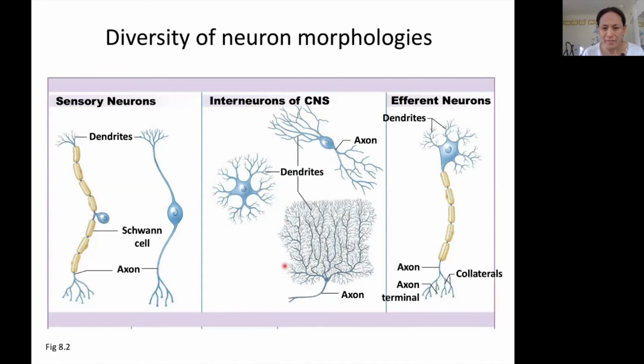This is a very lovely, stereotypical, well-known neuron type called the Purkinje cell, and you can find it in the cerebellum in the brain. What's really interesting is that these dendrites fan out within one plane. So that's kind of cool. And then here are some others.